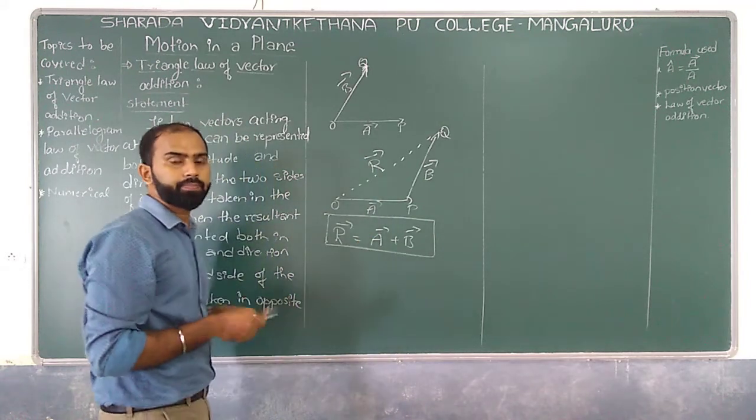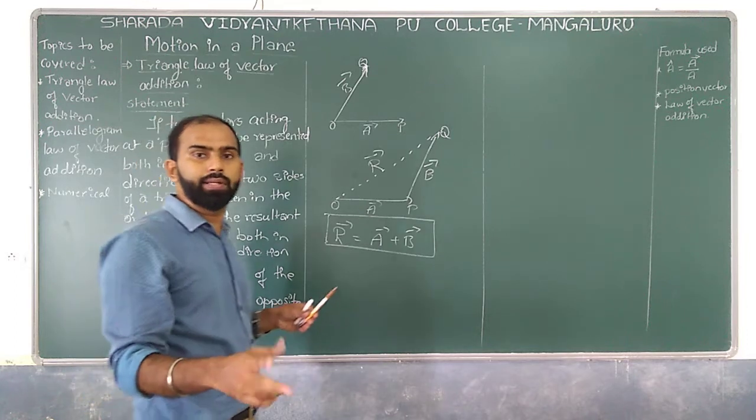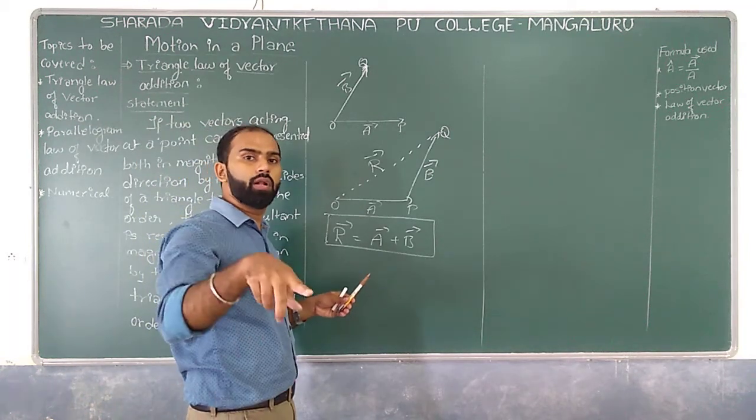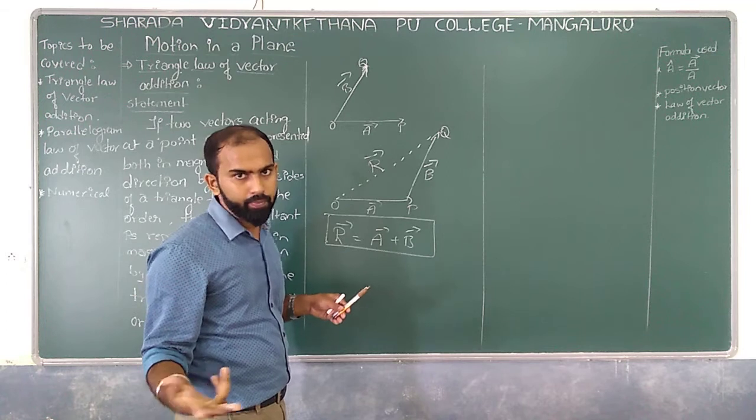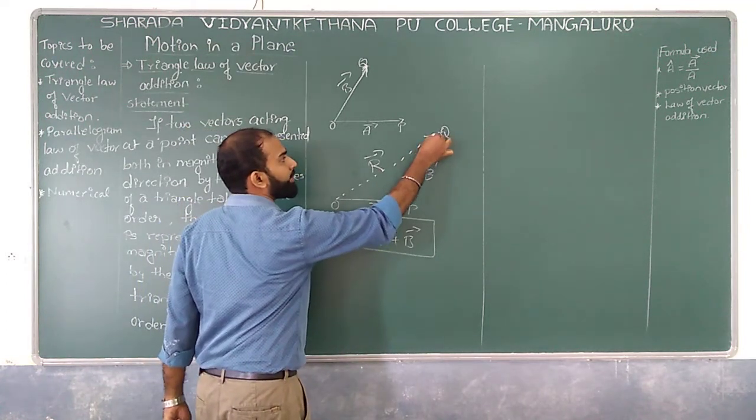Now the thing is, how have we drawn the resultant vector over here? Whether we have taken the resultant vector in order or in opposite order. So can I say this is the resultant I have taken in this order.